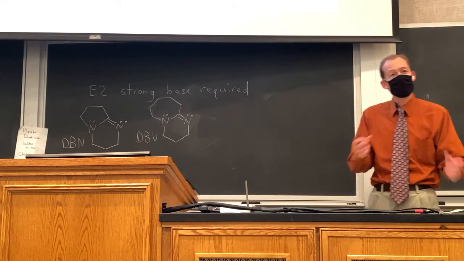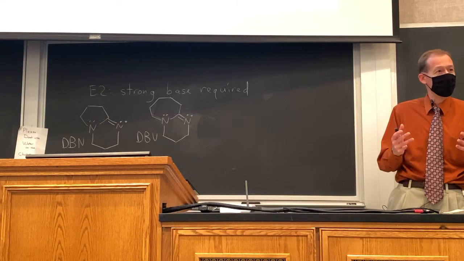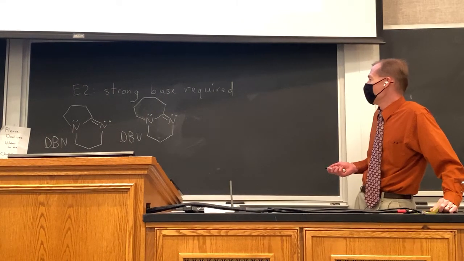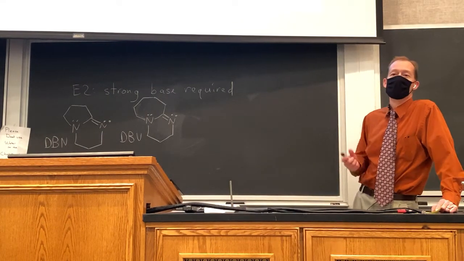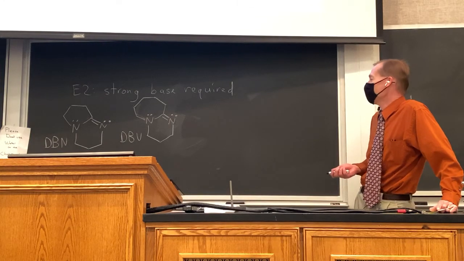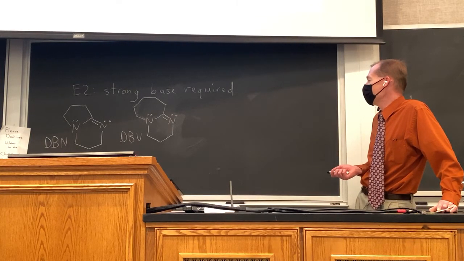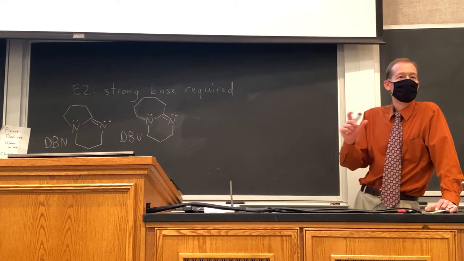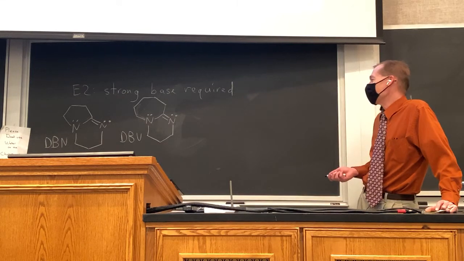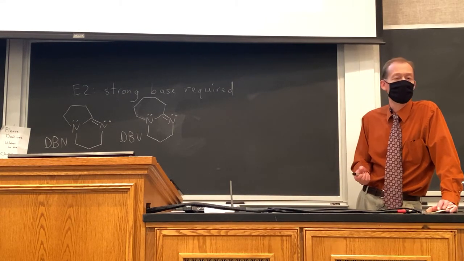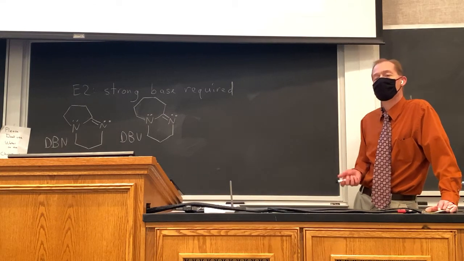We're going to expand our definition of strong bases a little bit for E2 reactions because there are two nitrogen-containing strong bases that participate in E2 reactions. They're known as DBN and DBU. These are abbreviations. The full names are much, much longer, so we will just use the abbreviations for these compounds in this class.